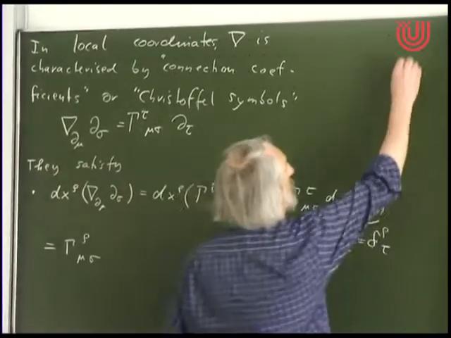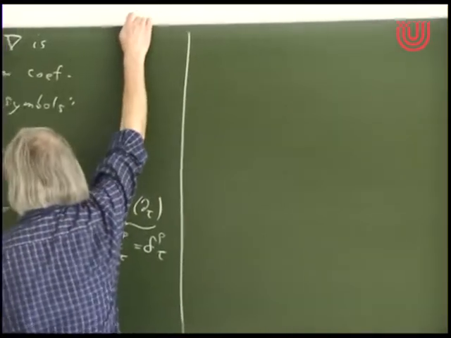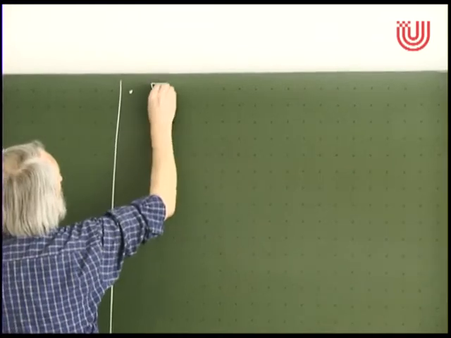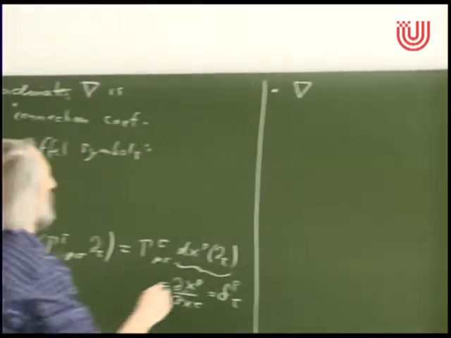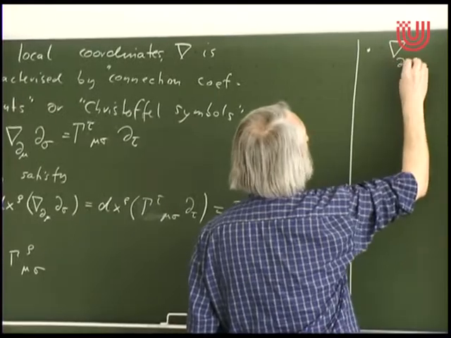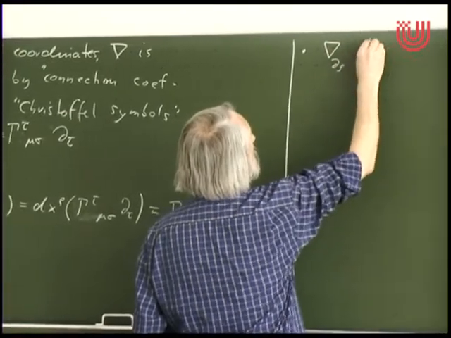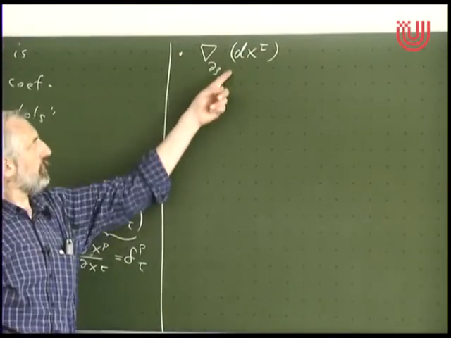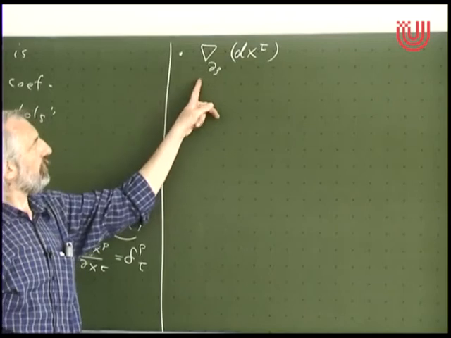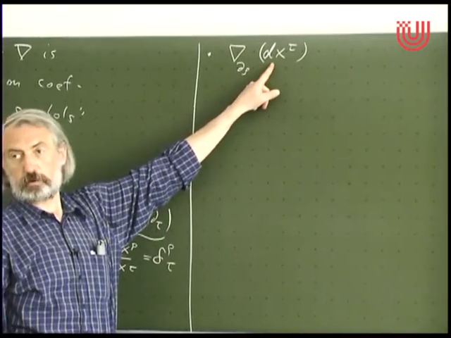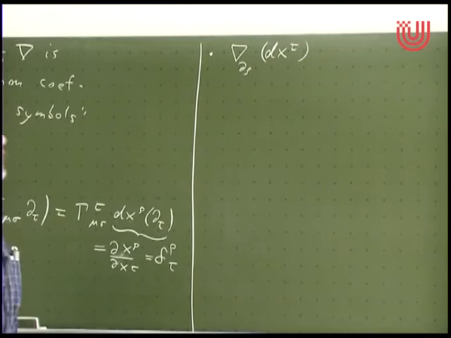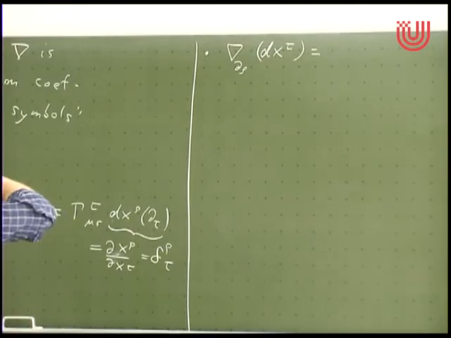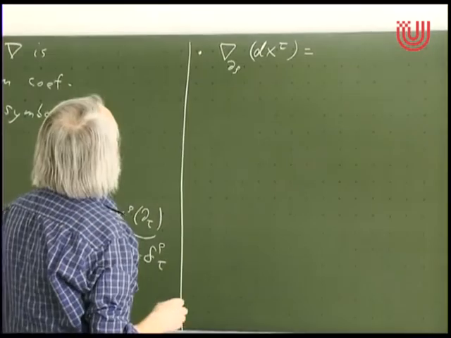And the second rule is not quite so trivial, but can also be calculated fairly quickly. Namely, what happens if I apply my derivative operator, say nabla rho, to the one-form dx tau? This operator acts on tensor fields of arbitrary rank, so in particular I can apply it to a covector field. And that's what I do here. So how do I write this?